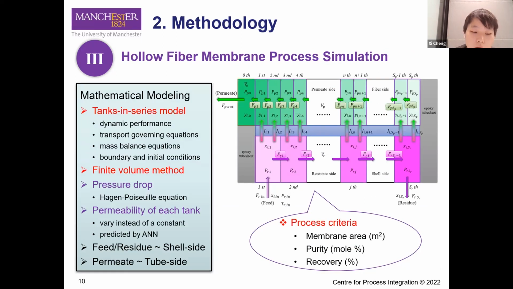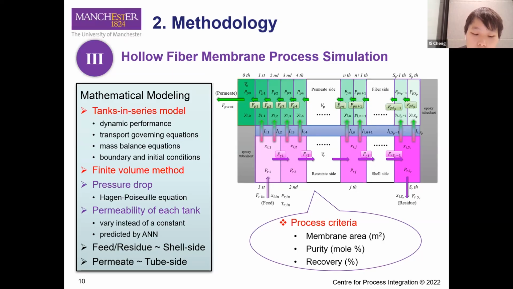And a tanks-in-series model is applied to represent the dynamic performance of the hollow fiber membrane under a wide range of operating conditions. Here, the figure presents a schematic of the tanks-in-series model for the hollow fiber membrane. The feed is introduced from the shell side, and the permeate is gathered from the inside of the fibers.